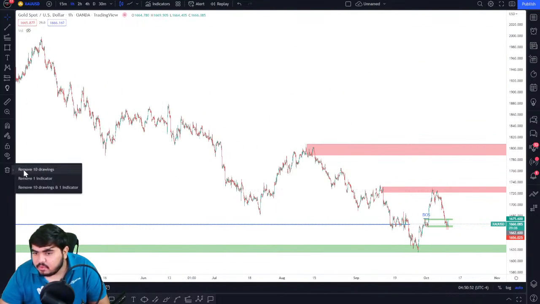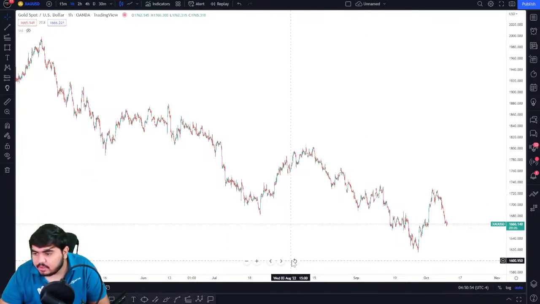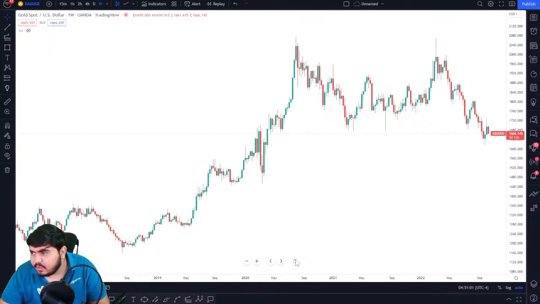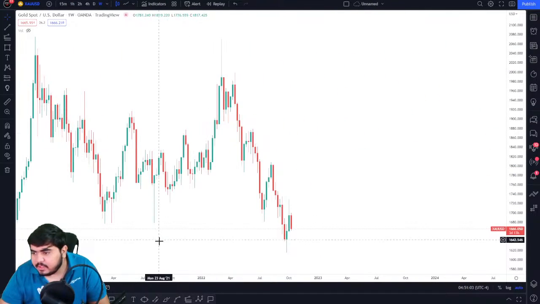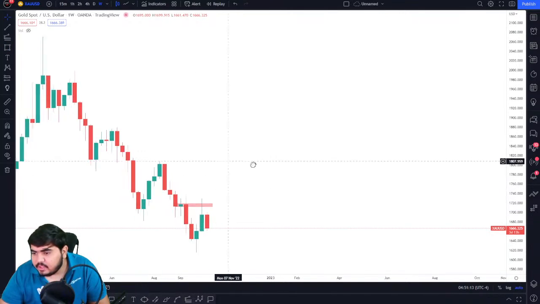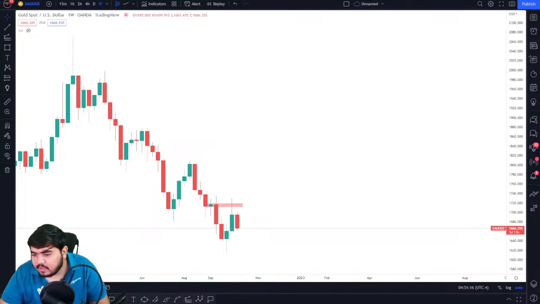So let's have a look at gold and see what's going on here. First of all, I'm gonna go to the weekly time frame and see what the bigger picture is telling us. On the higher degree, what we can notice is that we have this area of resistance right here, and another area of resistance right here as well.